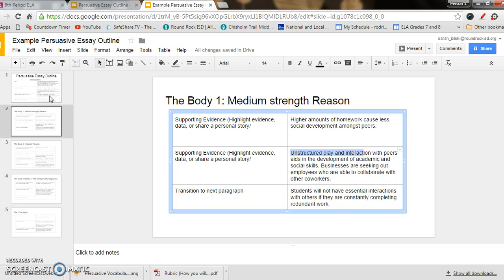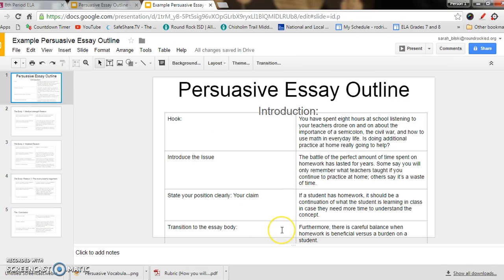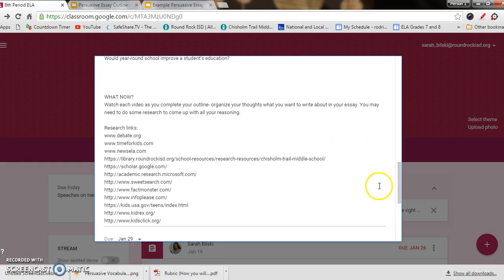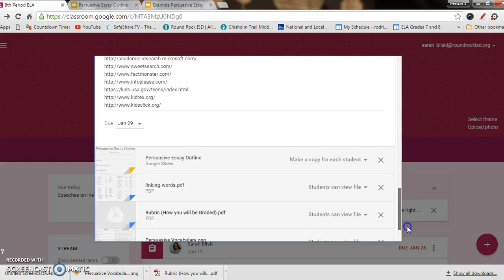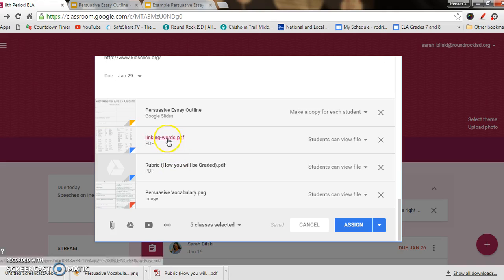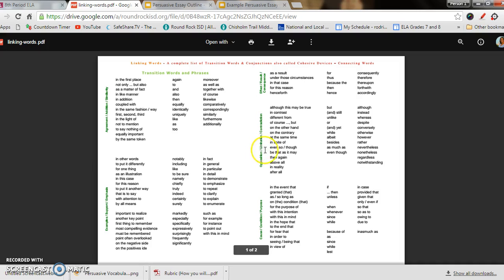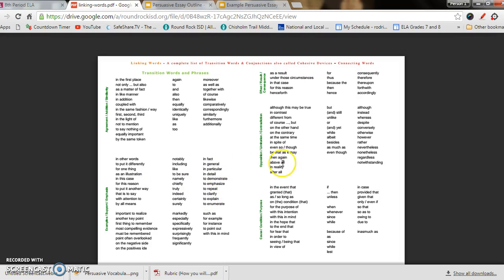To get ideas, like the word furthermore, in our assignments attached to this classroom, I have linking words. Lots of different ideas on how to use different words in your essay. I would look over this carefully. Here, it's furthermore that I have chosen.